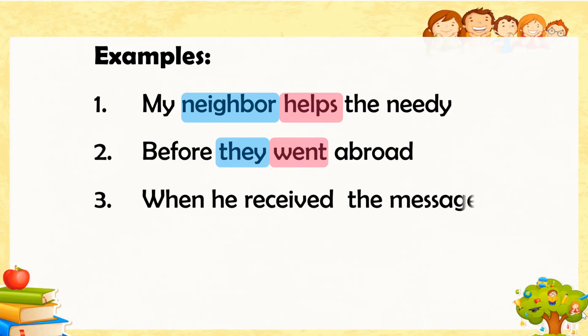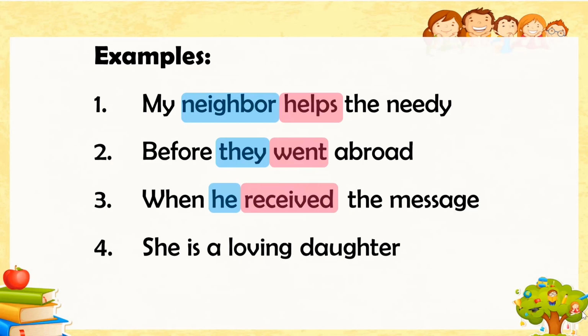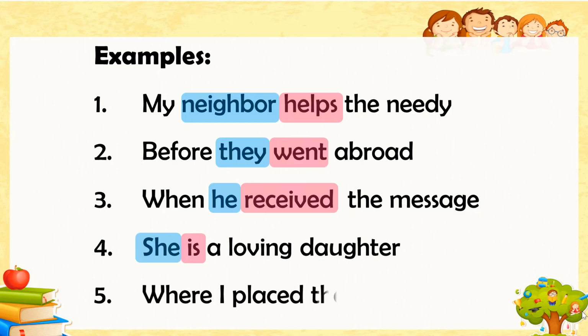When he received the message, the subject is he and the verb is received. She is a loving daughter. The subject is she and the verb is. Where I placed the book. The subject is I and the verb is placed.